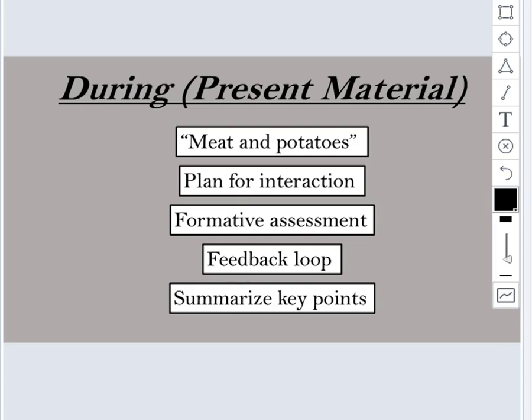Okay, so that's three different ways that you want interaction to occur, and I'll say those again. You want your students to be interacting with you, you want your students to be interacting with one another, and you want your students to be interacting with the content.